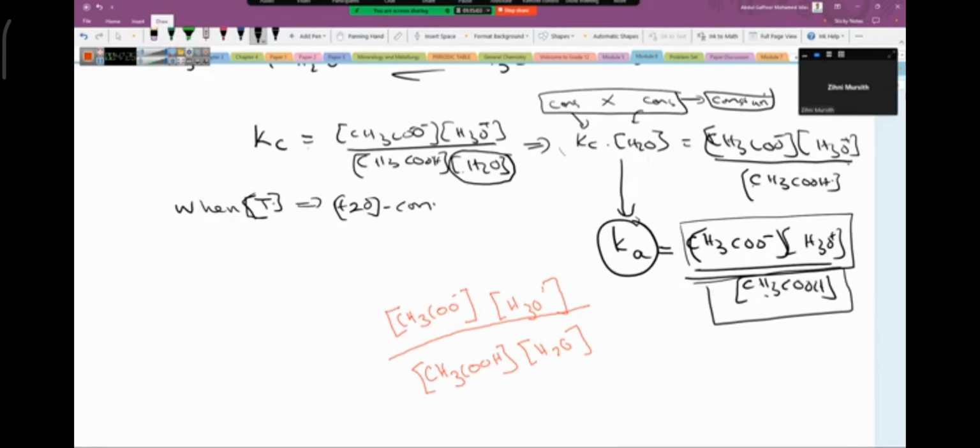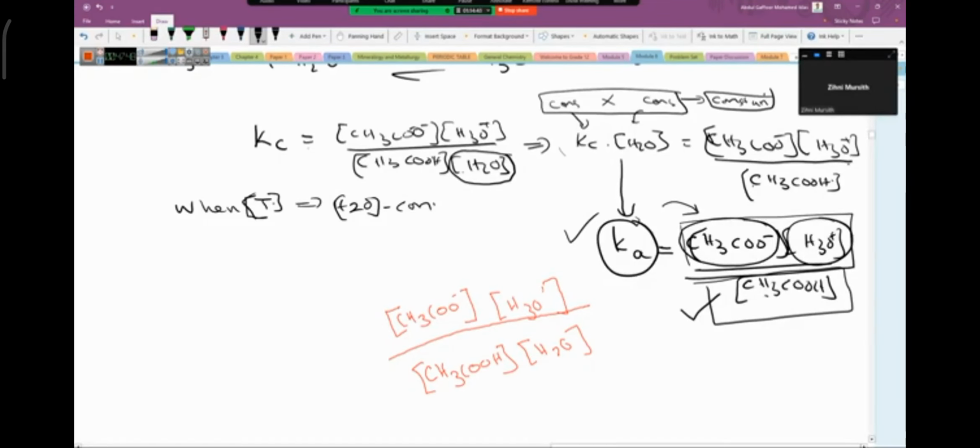Now, how the questions will appear: the concentration of the acid CH3COOH will be given, and if you know the Ka value, they might ask how much of this acid will dissociate. When we write the equation, the concentrations of CH3COO minus and H3O plus are the same.